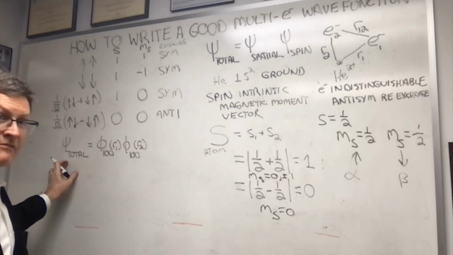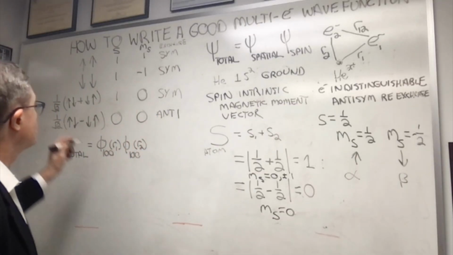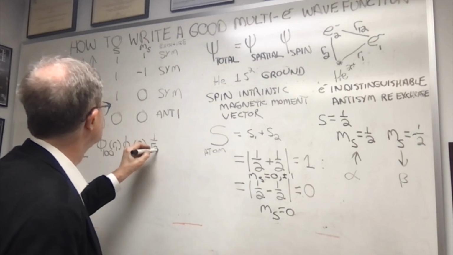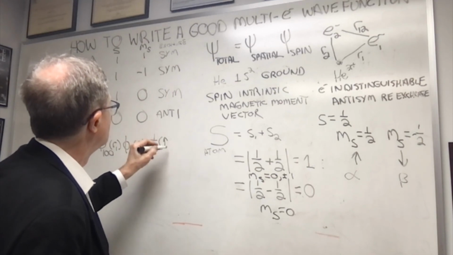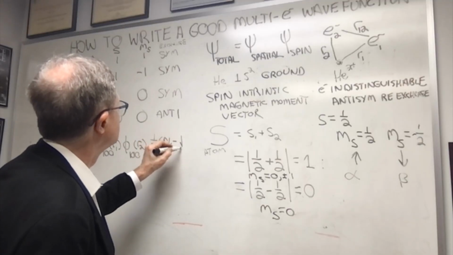But the total wave function has to be antisymmetric, and therefore we would have to multiply by this 1 over the square root of 2 minus combination.